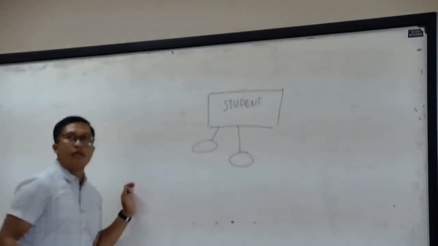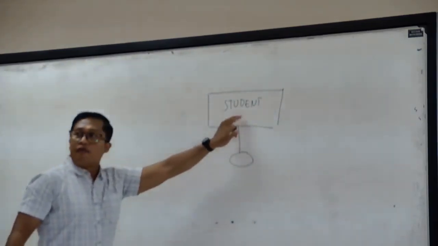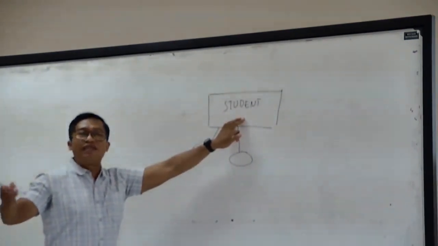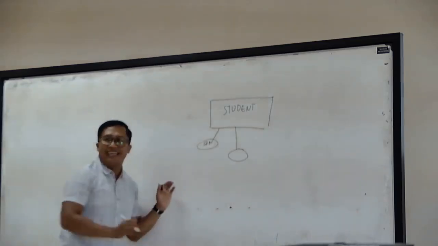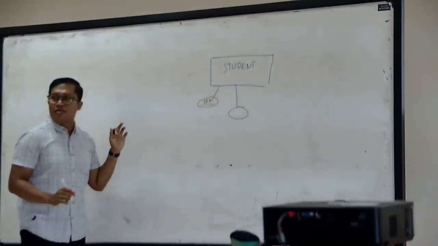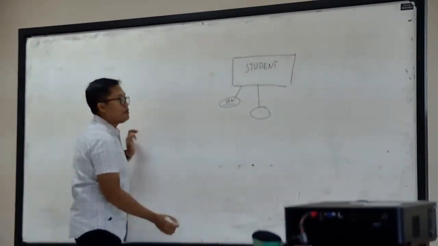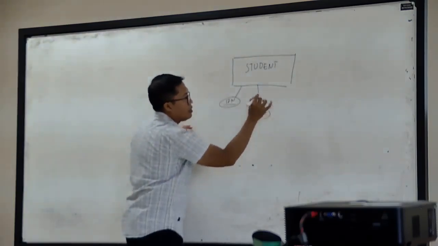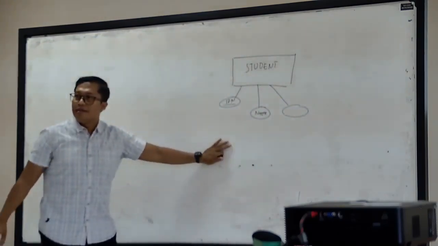The first one is the key. What is the key for student? Identification number. Okay, identification number ID, and we need to write the underline to show that attribute is a key attribute. And then maybe we have name, and then what else?